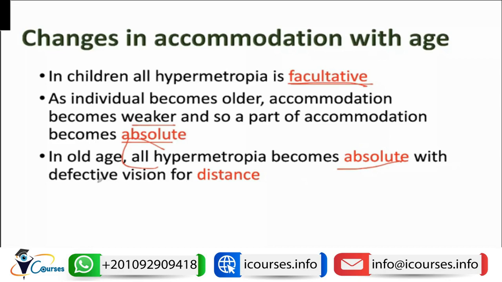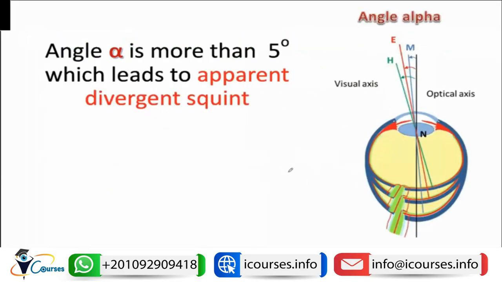Here the patient starts to complain of defective vision for distance. Even though the patient was initially complaining of near vision, as the accommodation gets weaker, he starts to complain of distance vision also, as all hypermetropia becomes absolute, so that he cannot see as well.